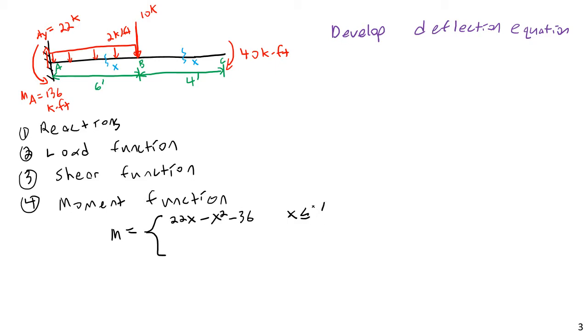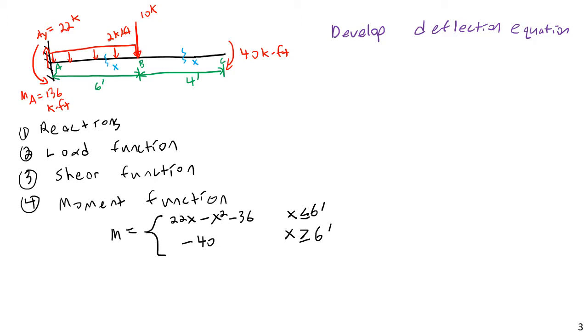And then the moment function is going to be equal to negative 40 when x is greater than or equal to 6 feet. So we now have our moment function. Again, I don't want to spend too much time getting something we already know how to get. So I want to jump straight to finding the theta function and the y function.